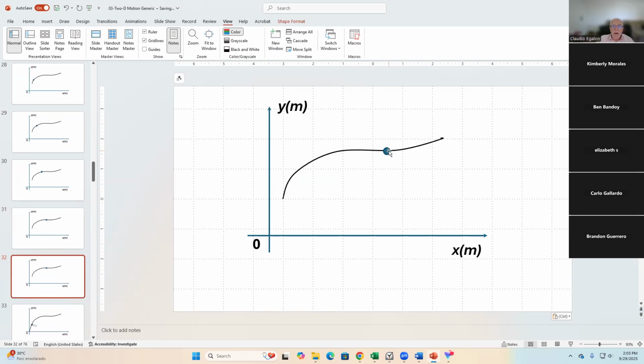Here you go. That's the nice thing about PowerPoint and computers. We can do our own movies, low resolution movies, right?